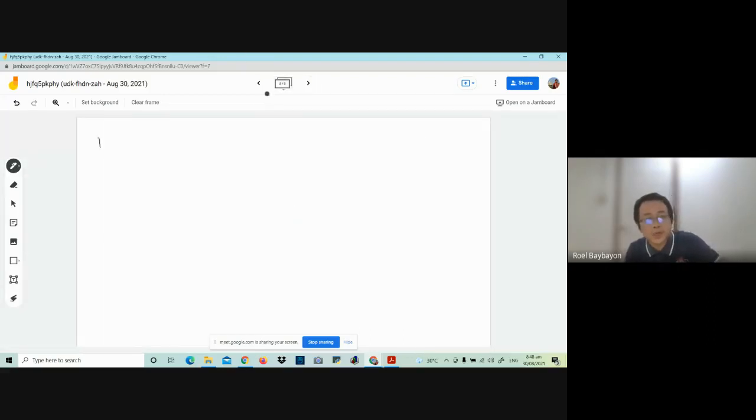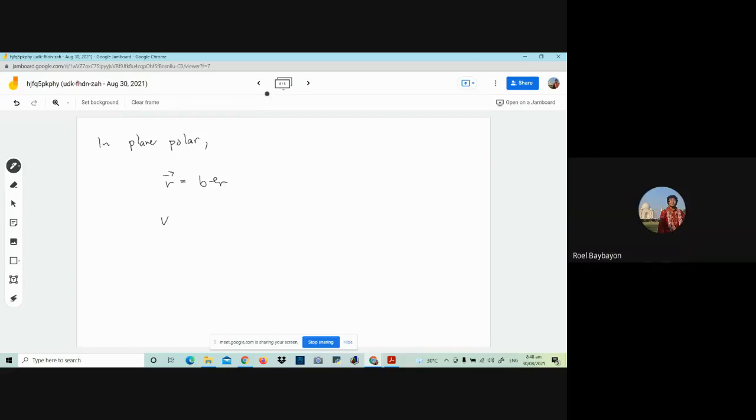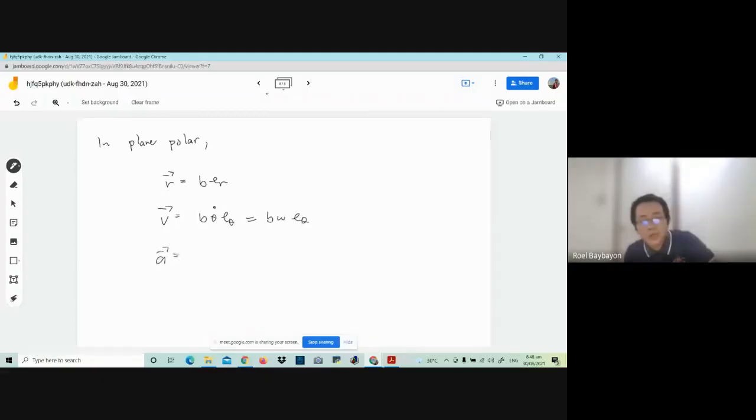In plane polar, r is equal to b e_r, while the velocity will be b omega e theta. Omega is constant with time.